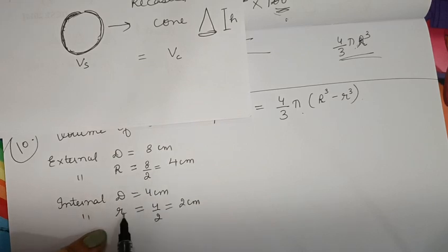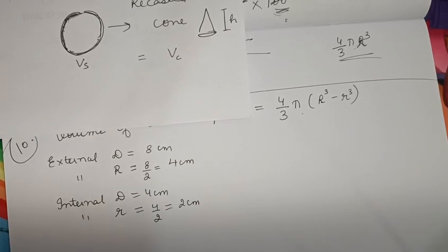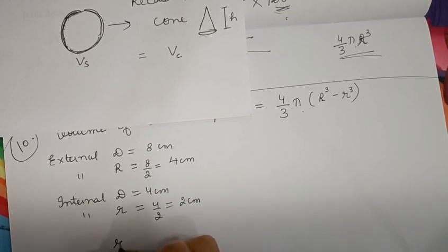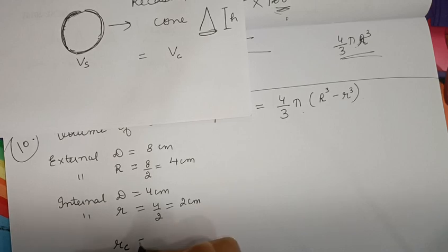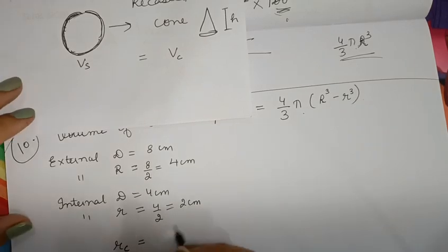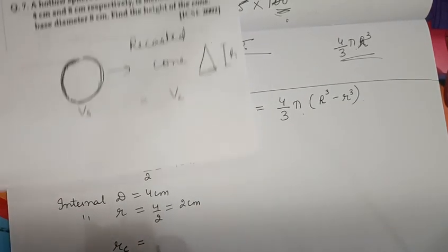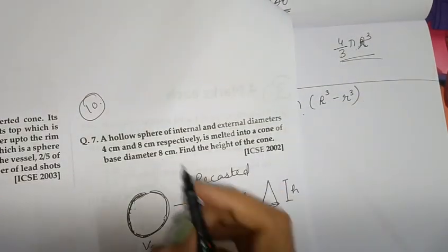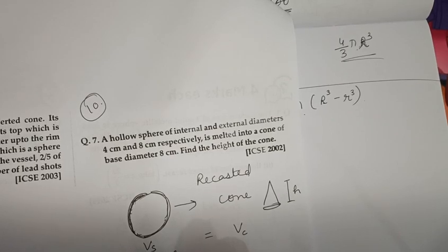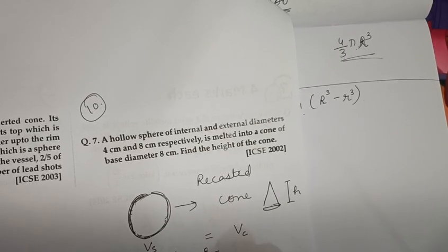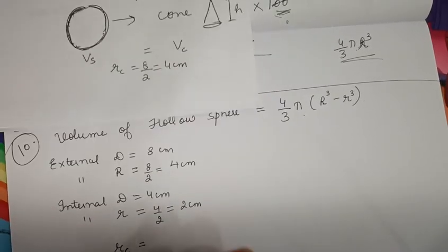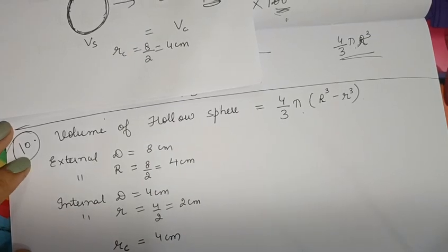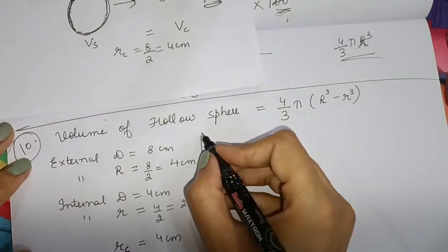Now capital R's and small r's values are written, and we have been given cone's base diameter. So radius of cone, I will write RC. Diameter of cone is 8 centimeter. That means its radius is 8 by 2, which is equals to 4 centimeter. So everything I have written now.